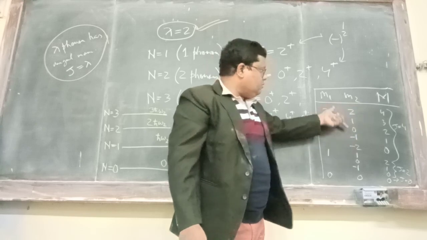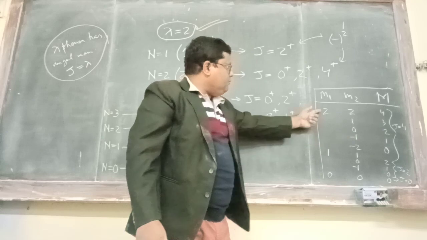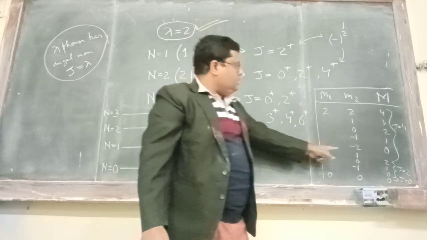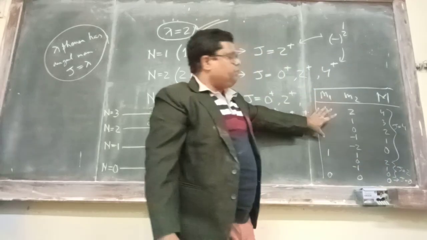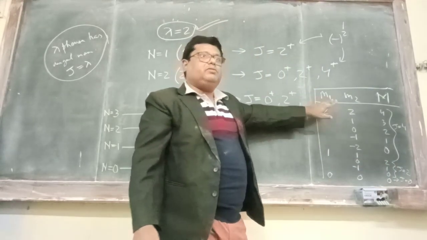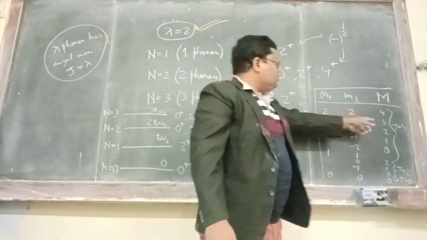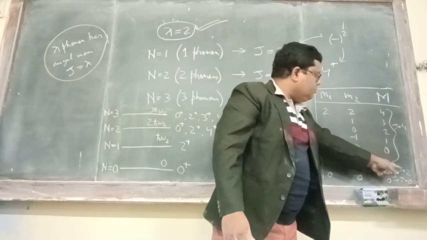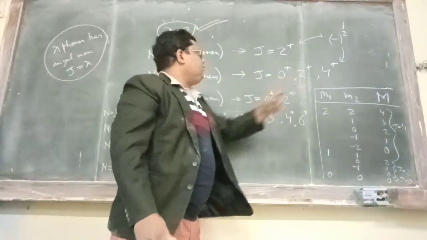And using this, you get J is equal to 4. Similarly, if you change M1, you will get this value. Now these are the positive projections. Similarly, you can take the negative ones. It will be a repetition sort of. So we have J is equal to 4, 0, 2 and 4. So this is the stuff: 0, 2 and 4.